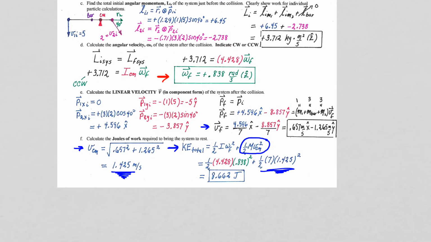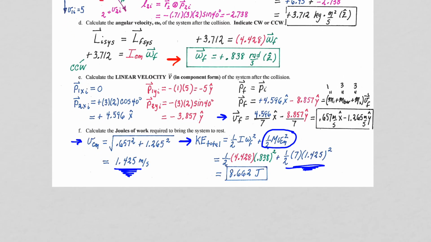When we put them both together, we get the total energy that's present in the bar and the two pieces stuck on the end, including both the rotation and translational motion. So if you were going to bring this system to a total stop, you would have to remove 8.662 joules of energy.